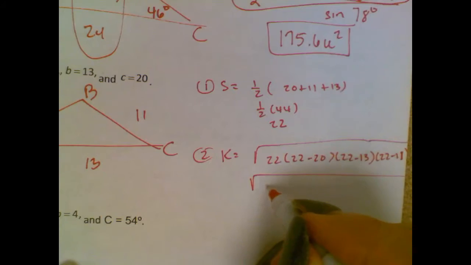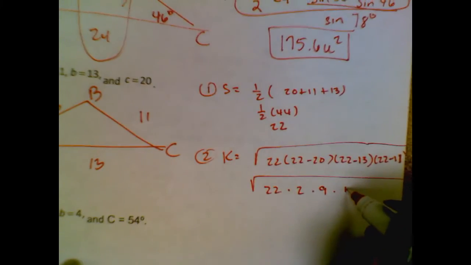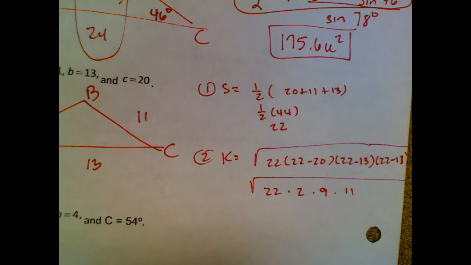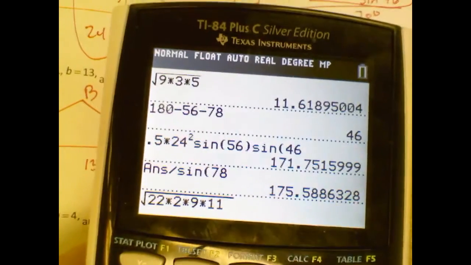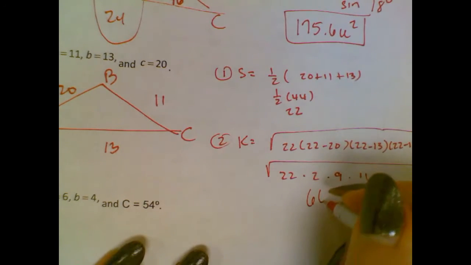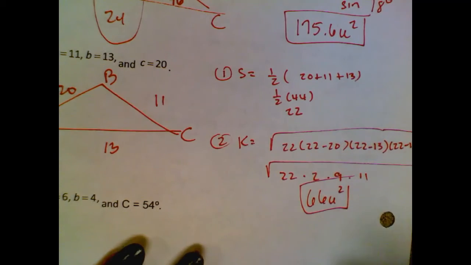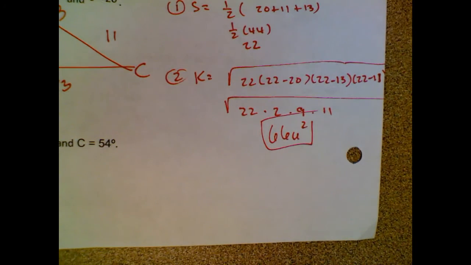You can put it in the calculator like that, or you can do your subtraction in your head. 66 even. And guys, if you're not trying to type these in the calculator, you don't know if you're doing it right or not. That's probably why some of you don't know what you're doing, because you haven't even tried punching any of this in the calculator.